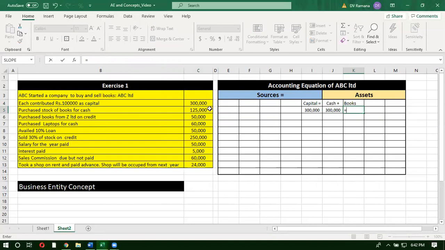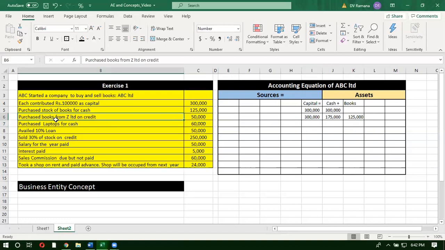And books are considered to be an asset because books will be sold to earn profit. So therefore, cash reduces and a new asset comes into the picture, that is the books. No change in the capital and no other source as of now.